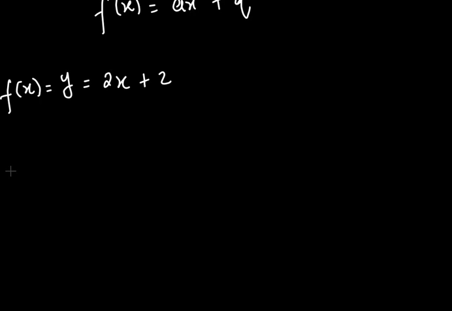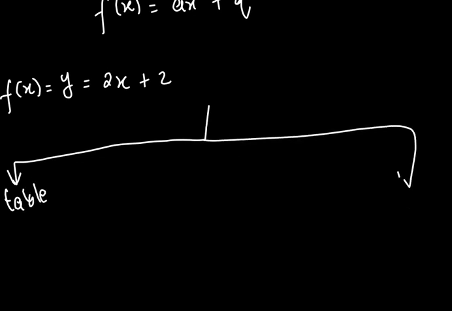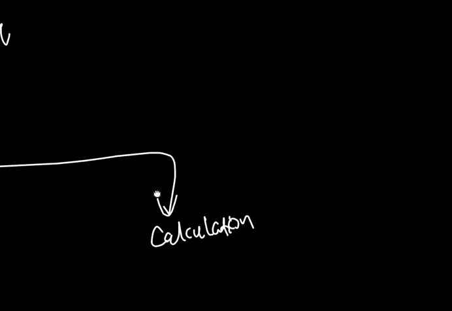First of all, there are 2 ways of finding the inverse function: you can use the table method, or you can use the calculation method. Which one do you prefer? Calculation. Yeah, that's a wise choice.